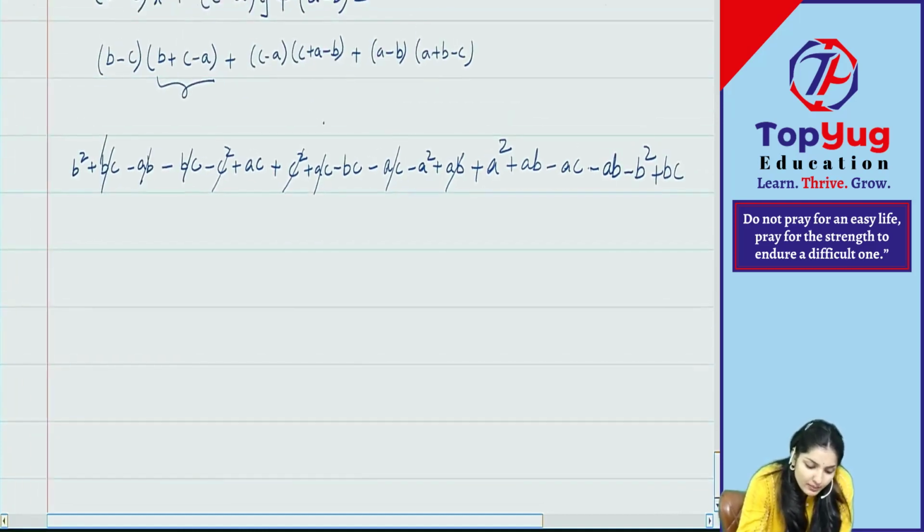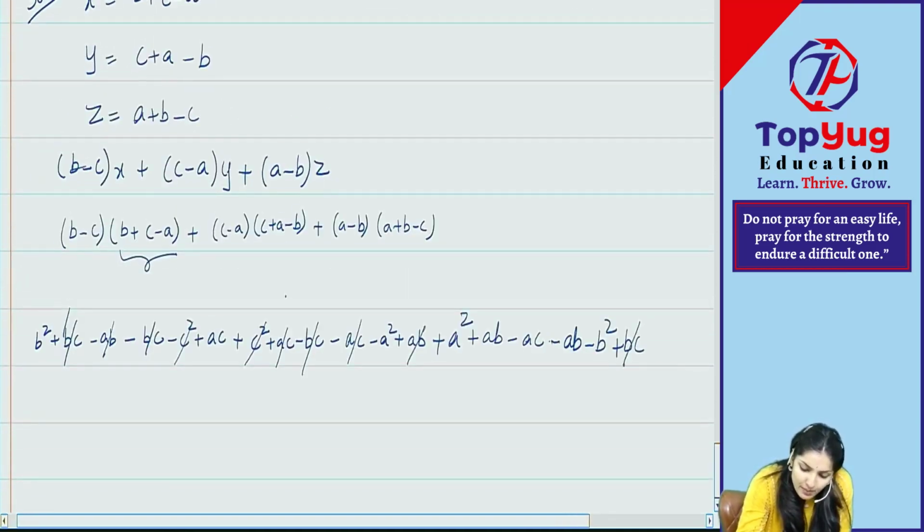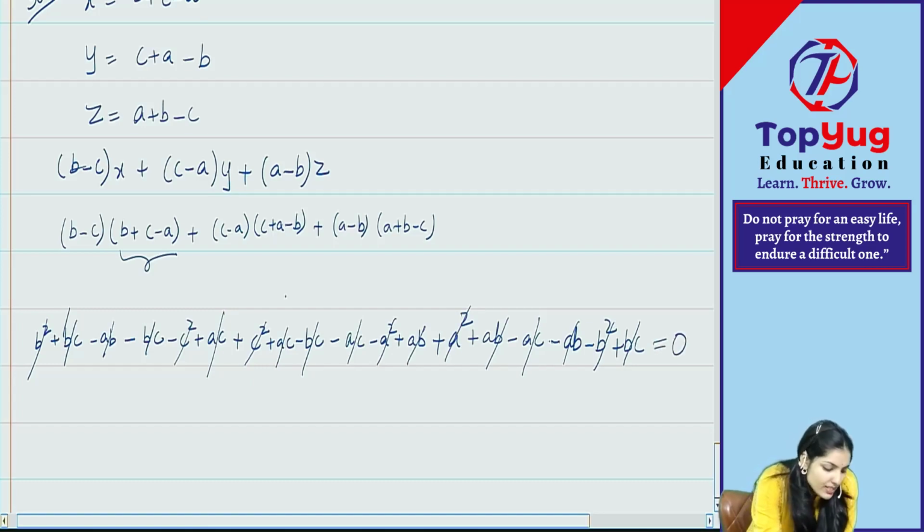Check if it is right. So minus bc plus bc cancel, minus b square cancel, plus ac minus ab plus this cancel, a square minus a square cancel. So what is the answer we are left with?